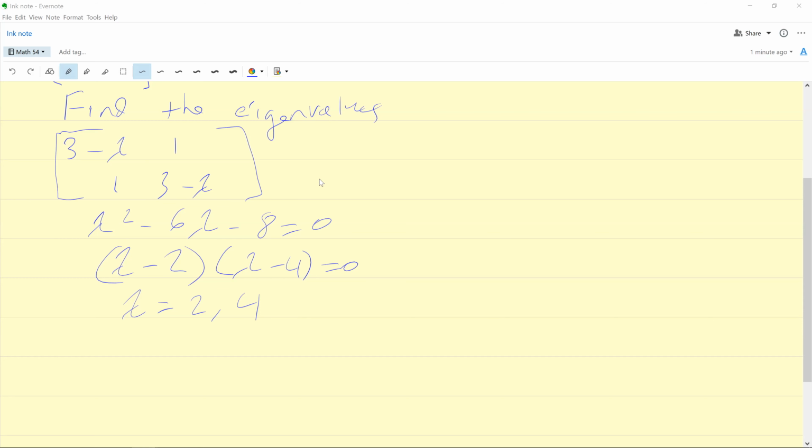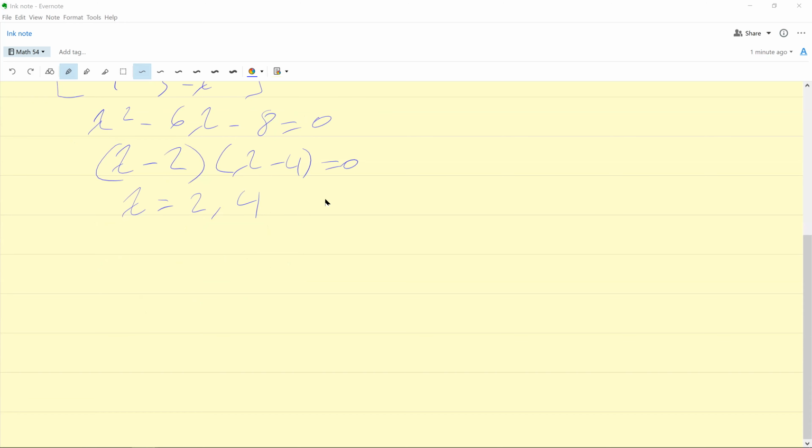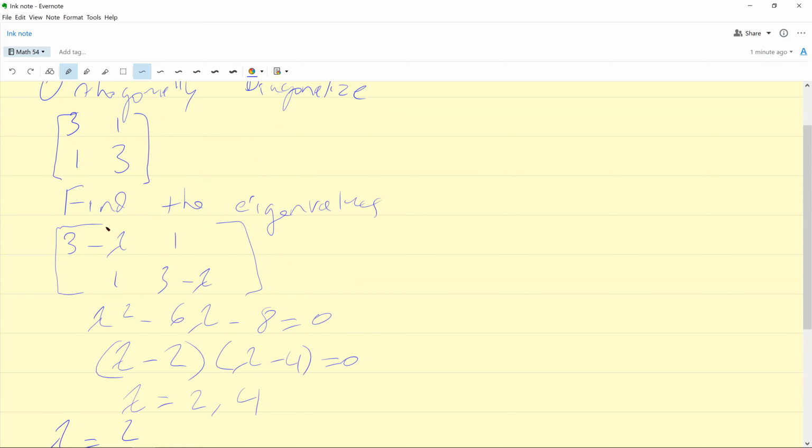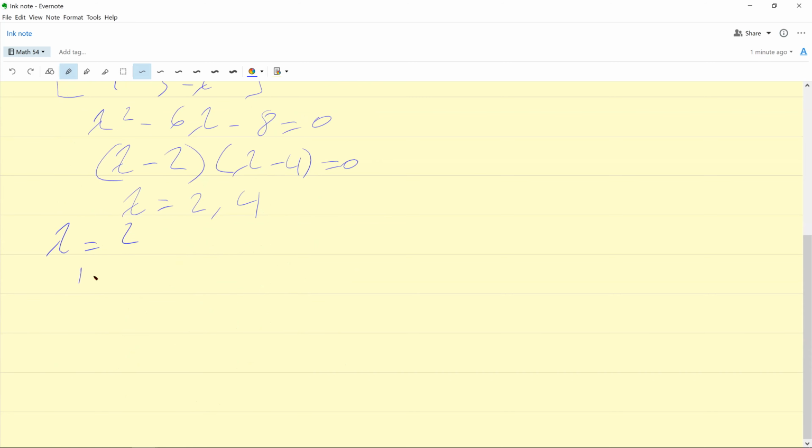What do we do after we find the eigenvectors? So let's write out the eigenvectors that we have. Corresponding to 2, we have the matrix [[1, 1], [1, 1]], and we're trying to find the null space of that, right? Yeah. So what did you get for a basis for the null space?